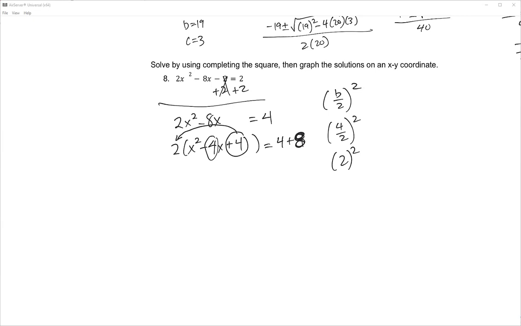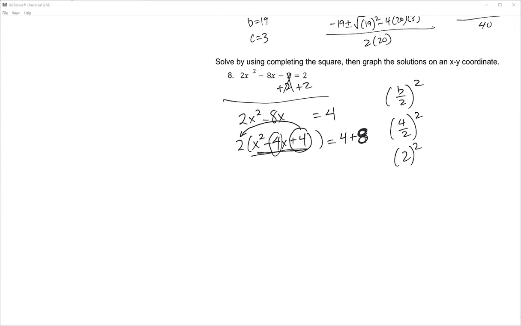So then if you were to factor this out in the x method here, let's do that. It would be a times c is 4. This would be -4. Two numbers that multiply to 4 and add up to -4 would be -2 and -2. The a right here is 1, so you could just leave it. This is x minus 2 times x minus 2.